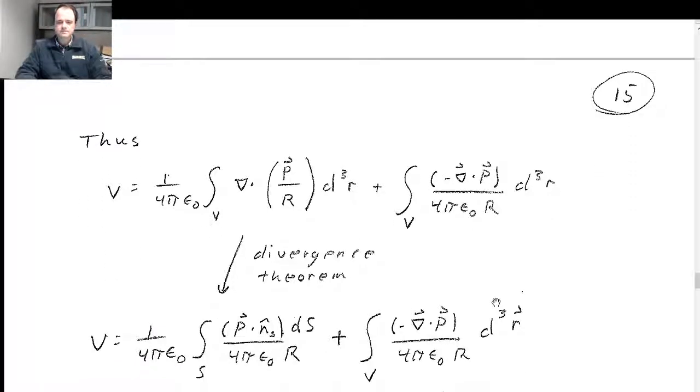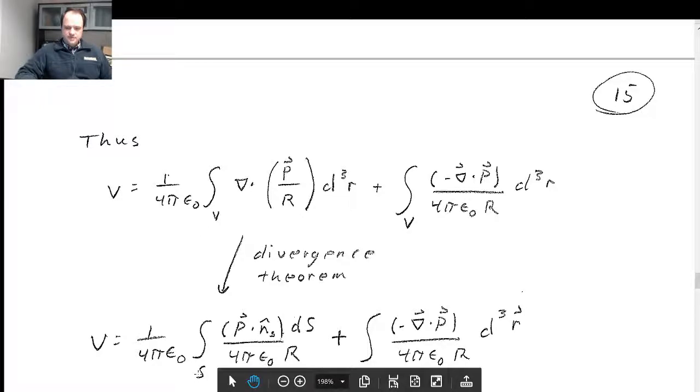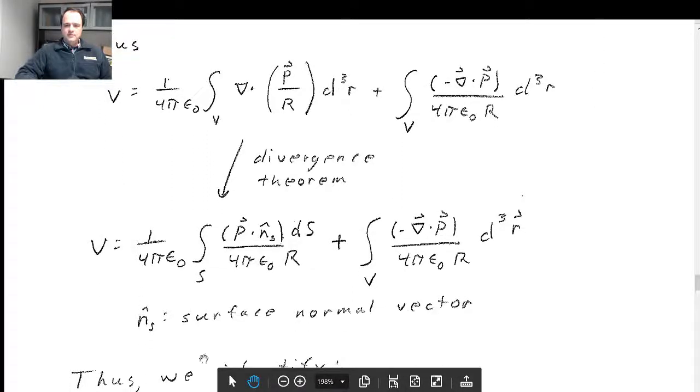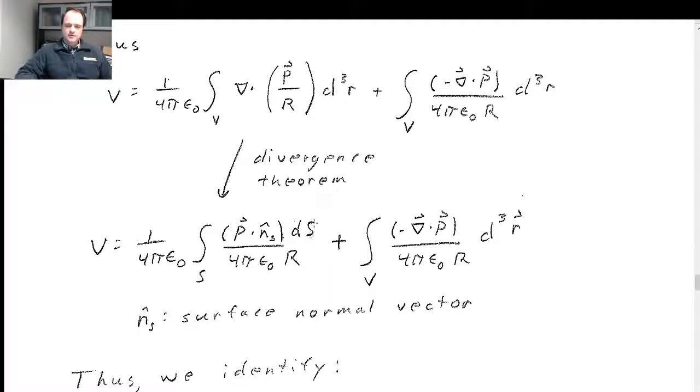Now, what we see here is that we have a del dot of something, that's our entire integrand, so we can use the divergence theorem to change that from a volume integral to a surface integral. And when we do that, we get p dot dS, but we pull out the vector aspect of S and write it as dS scalar times n hat vector.